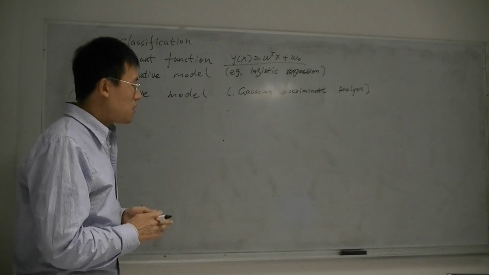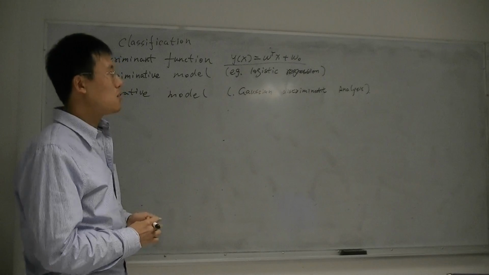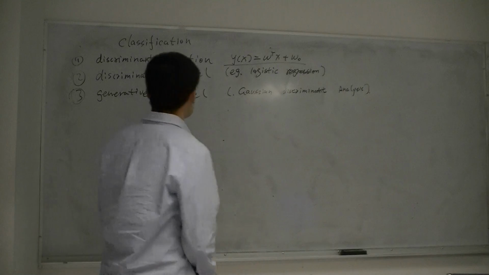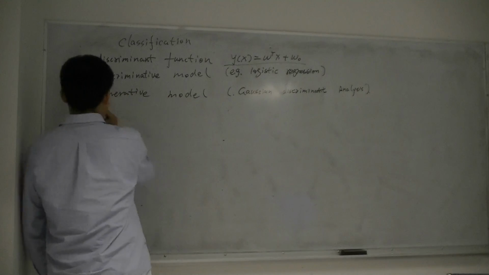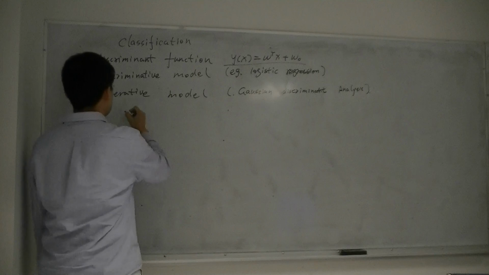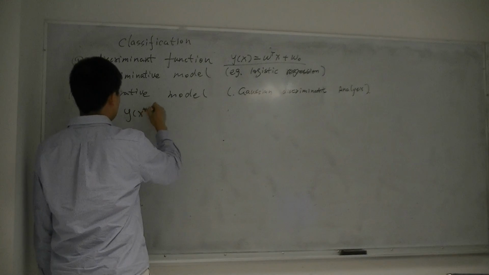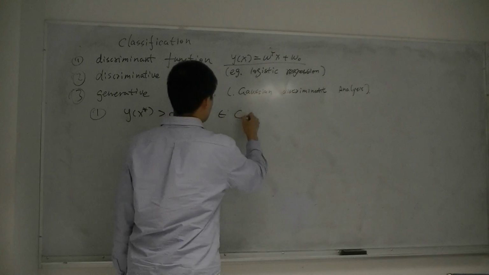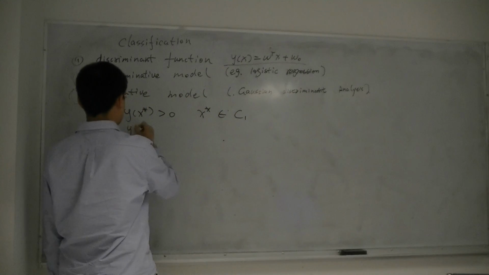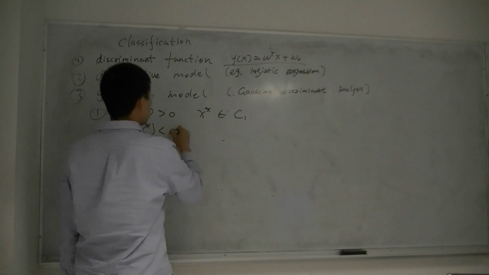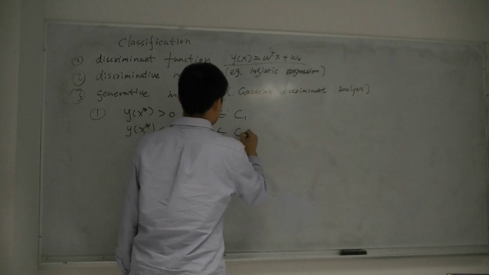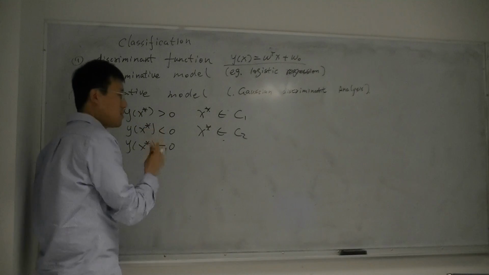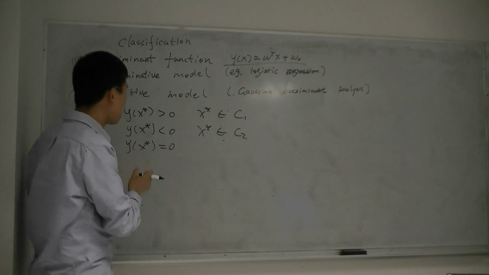So if the output is larger than 0, then we report x belongs to the first class, otherwise it belongs to the second class. So for the first method, if y of x star is larger than 0, then x star belongs to the first class; less than 0, then x star belongs to the second class; and if y of x star equals 0, then it is on the classification boundary.